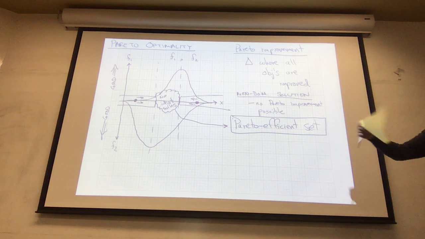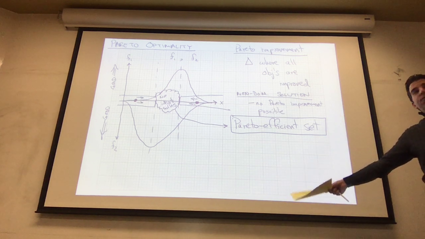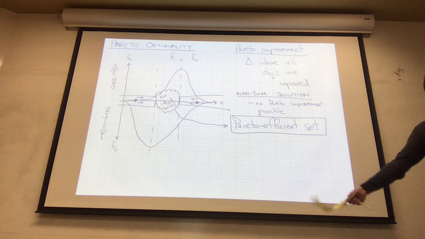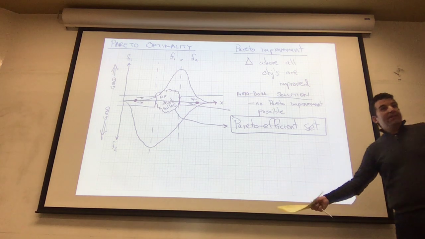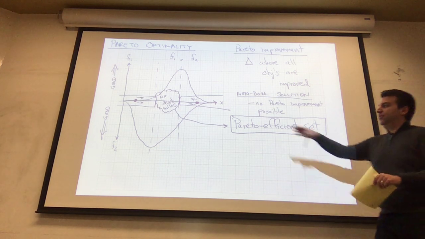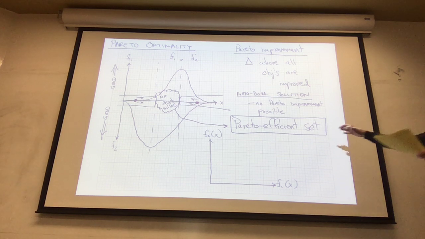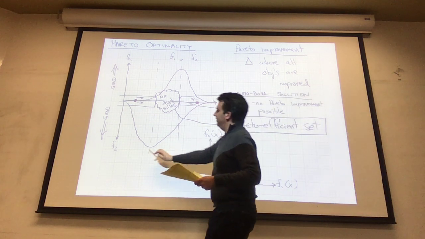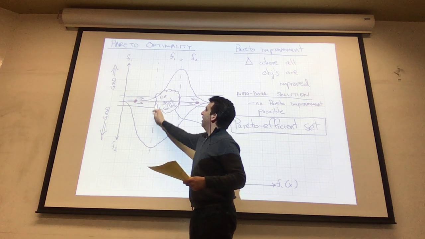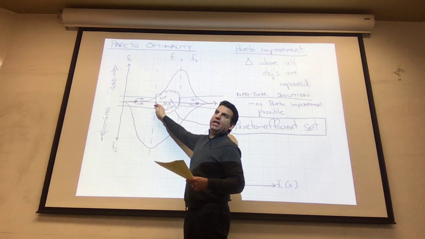If we live in a society where we all could do better, we all should just do better, because it's inefficient, and that's what we're capturing here. Now I could plot this in a different way, where I put f1 of x on this axis and f2 of x on this axis. If I were to do that, I can see that f2 reaches a maximum when f1 is pretty close to a minimum.